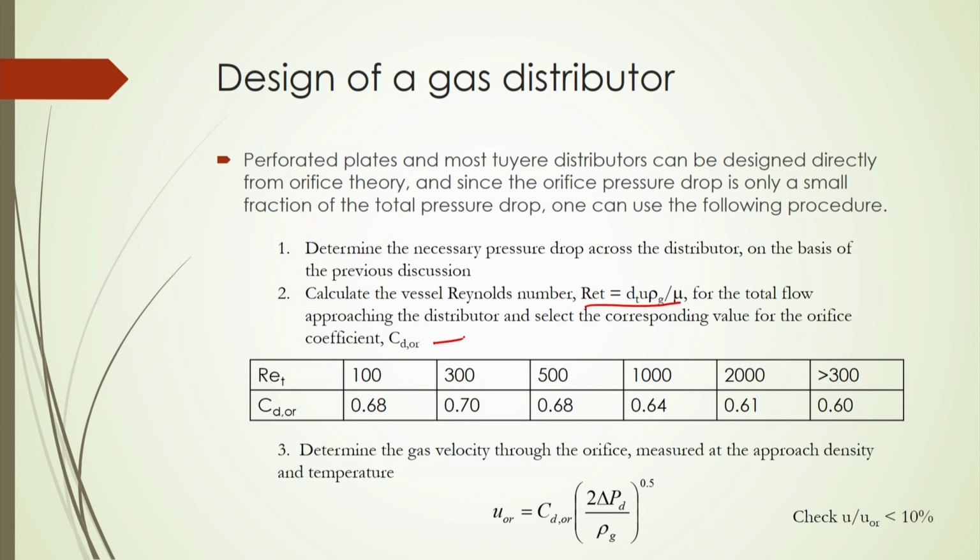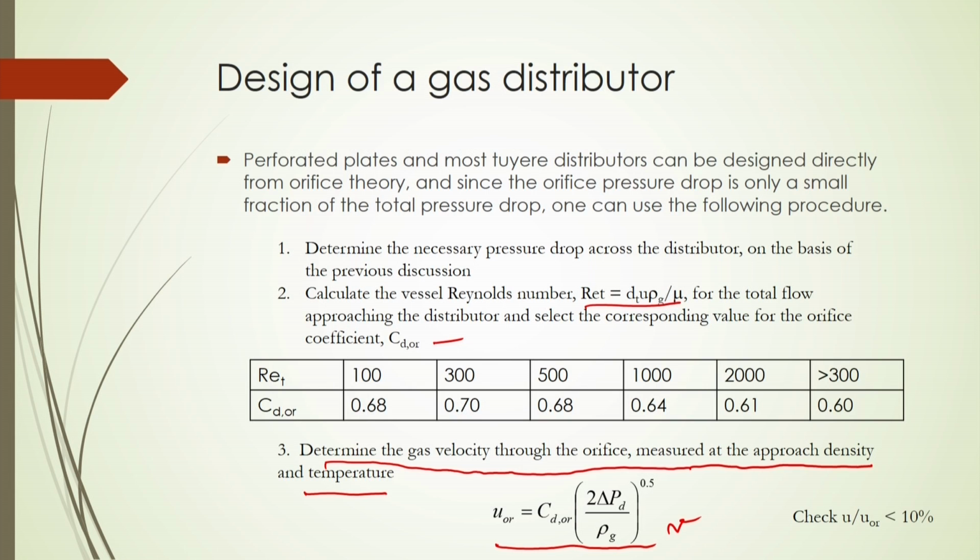This orifice coefficient depends on the Reynolds number and is required to calculate the orifice velocity inside the distributor. After getting the orifice coefficient, determine the gas velocity through the orifice, measured at the approach density, temperature and pressure. You can calculate this orifice velocity from the correlation.